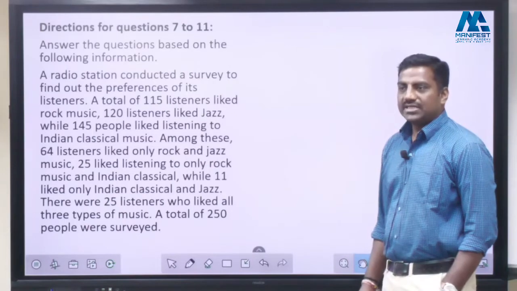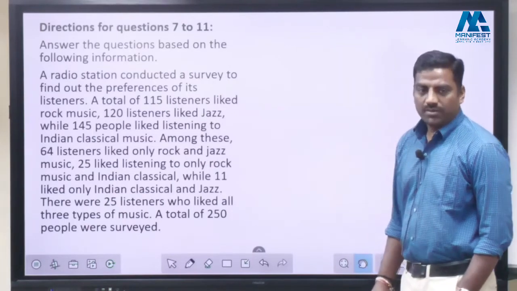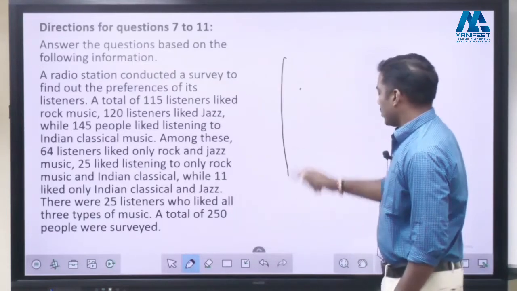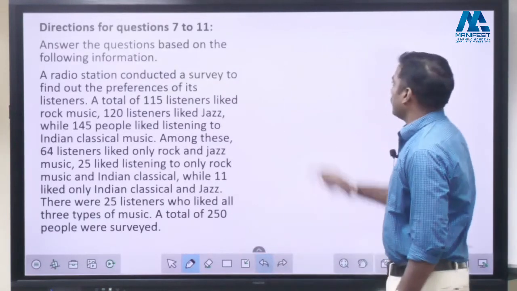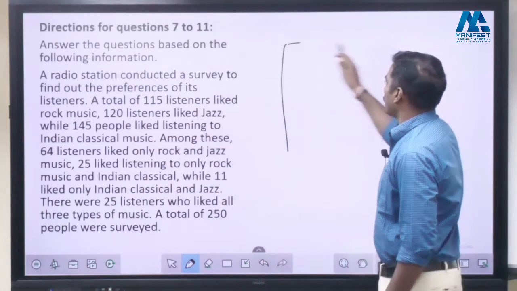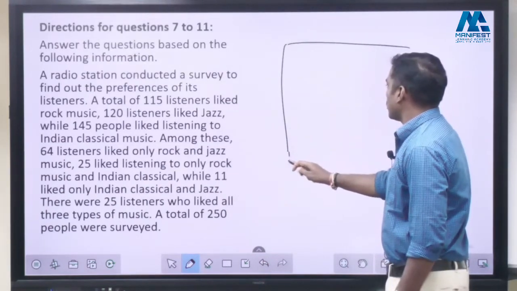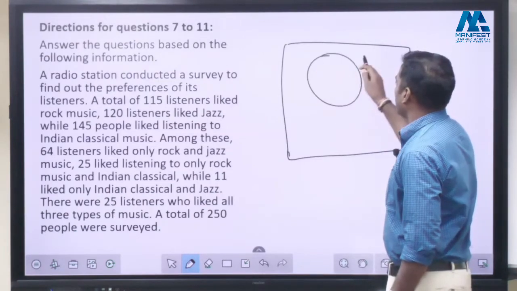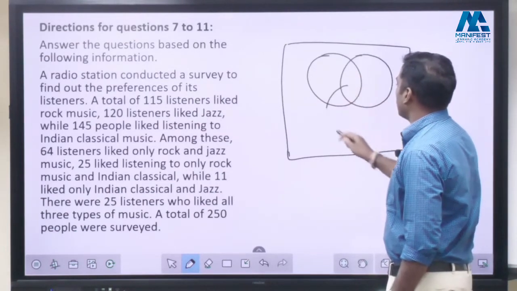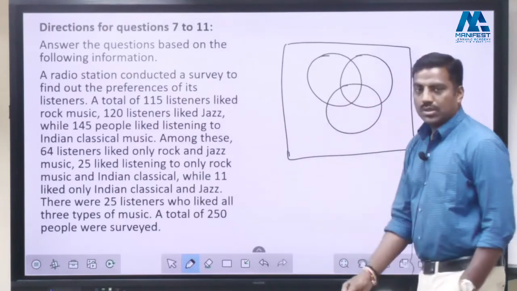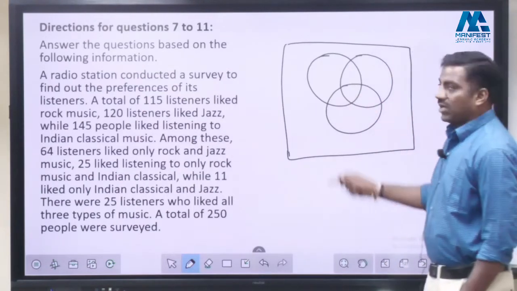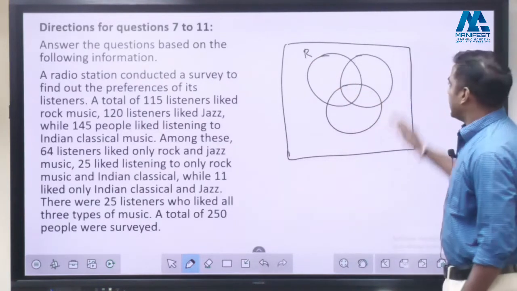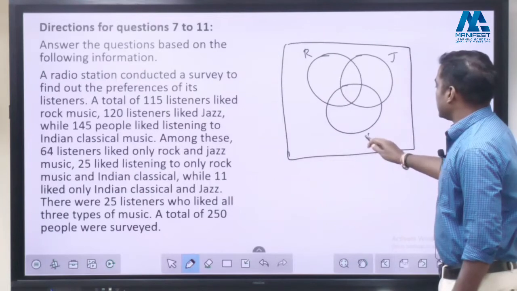So how many entities are here? 3, sure. So one is rock. Another one is jazz. Another one is Indian classical music.